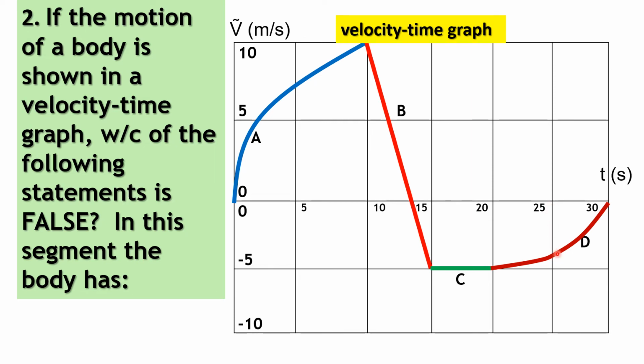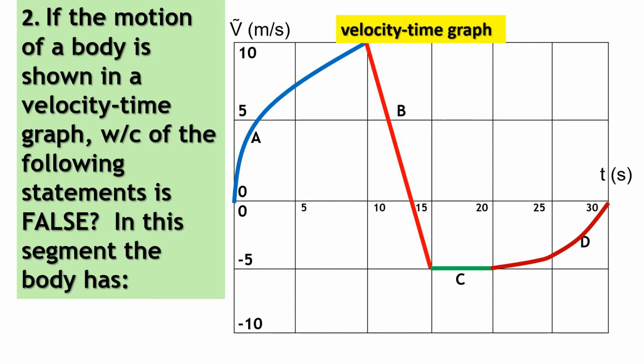Okay, we cannot exactly pinpoint now what is the middle point of this graph. All right, so the best that we can say is that positive 0.5 meters per second squared acceleration is just the average acceleration of the body, okay, represented by graph line D.